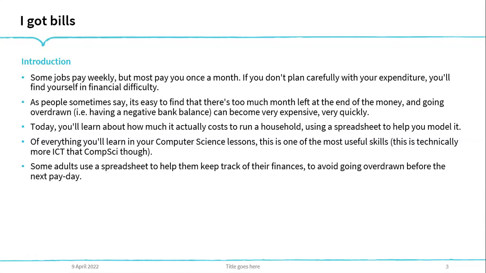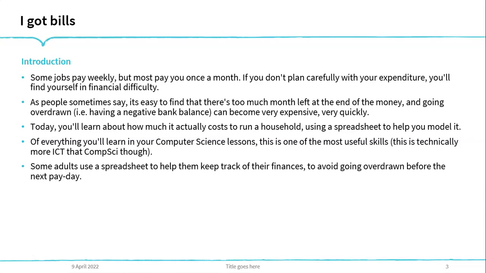As some people say, it's easy to find there's too much month left at the end of the money. So what we mean is that you've got maybe 10 days left of the month and you haven't got as much money left. And that means you go overdrawn. And it can become very, very expensive. So overdrawn means a negative balance of your bank.